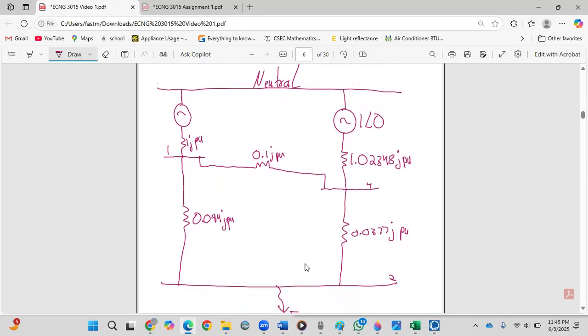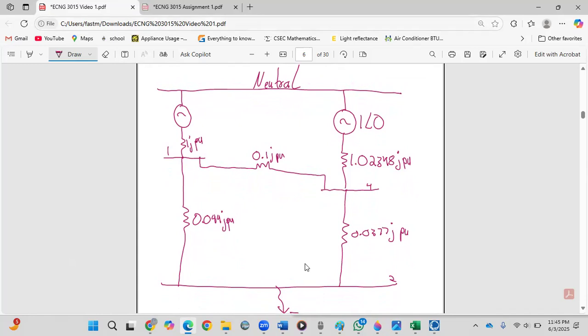The other thing that they will bring is something called delta to star conversion, so that's something to look out for. Anytime you realize that at this point you cannot reduce it anymore in the current form, you have to convert the delta formations to star formation. Right now we have two, and we just have to choose one.